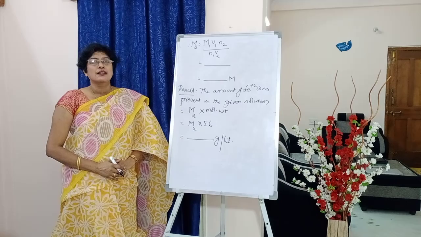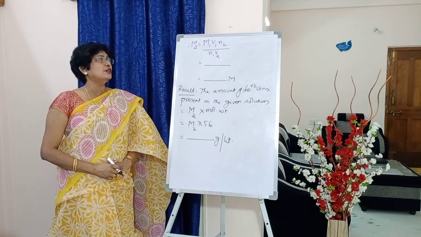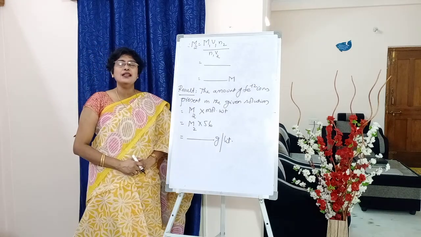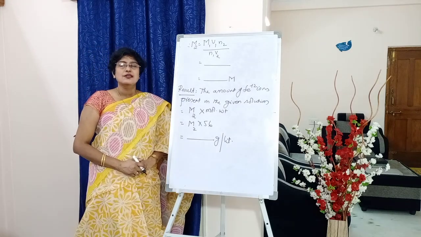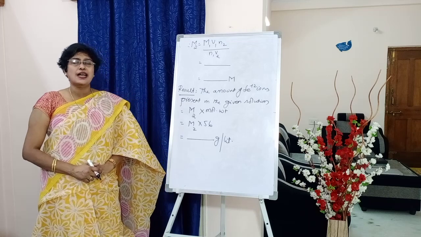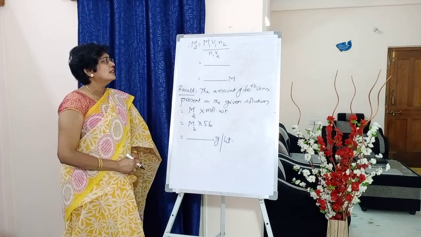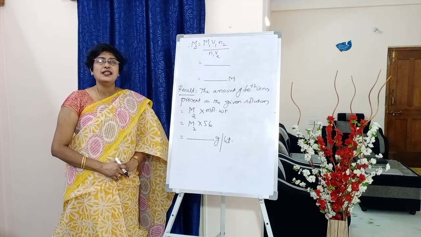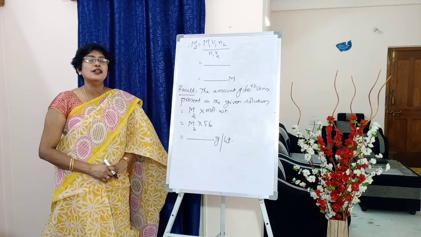Okay. So students, M2 is equal to M1V1N2 by N1V2. So substituting all the values, we can calculate M2, that is molarity of the Fe+2 ions.